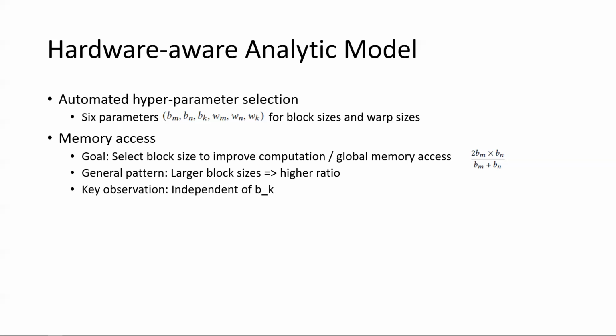Also, our key observation here is that this ratio is independent of the BK. So our strategy is to select a smaller BK and leave space for larger BM and BN. This is important, especially when there is a constraint on the shared memory size.